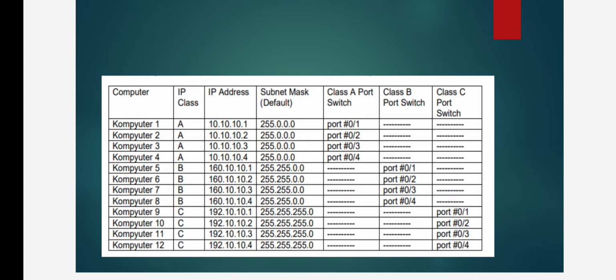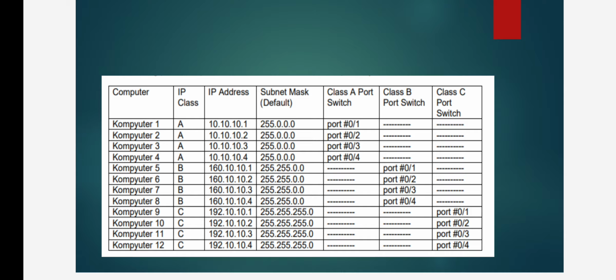In computers 1, 2, 3, and 4, we have class A. And we have the subnet address beginning with 10.0.0.0, and the default subnet mask of 255.0.0.0.